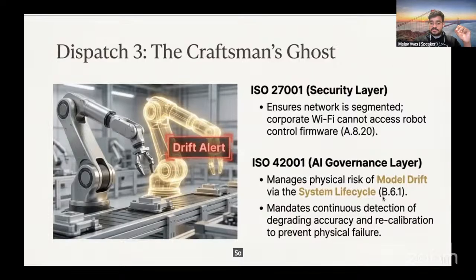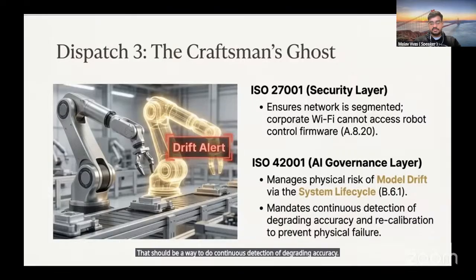So the system life cycle portion of the governance layer mandates that there should be a way to do continuous detection of degrading accuracy. So over time, we can see if it's not working as expected, so we can recalibrate or scrap it altogether.